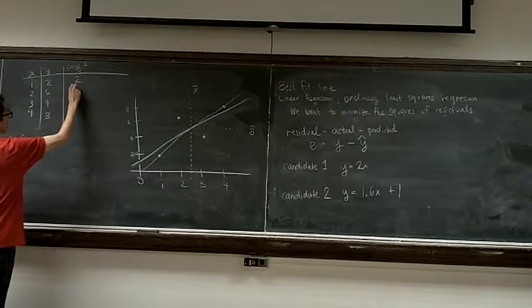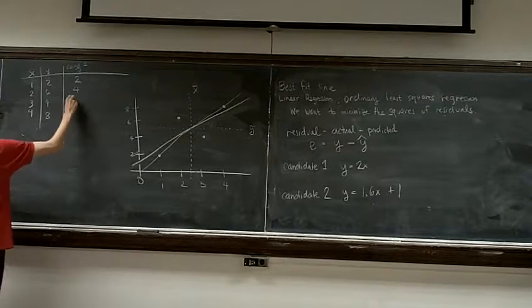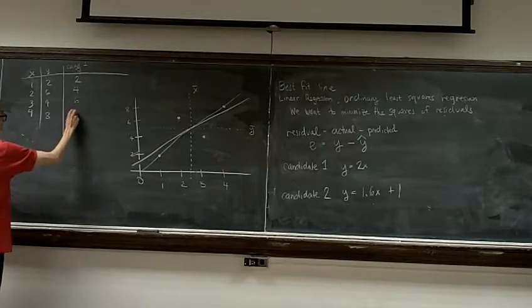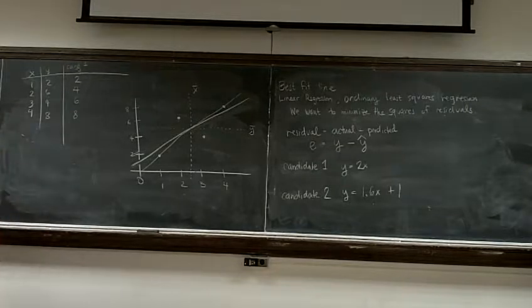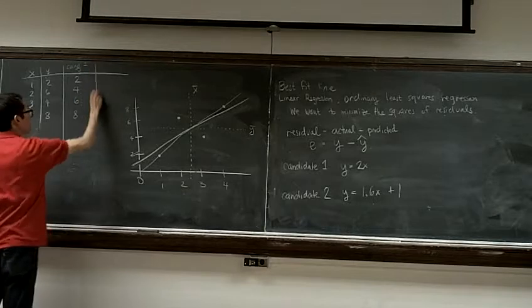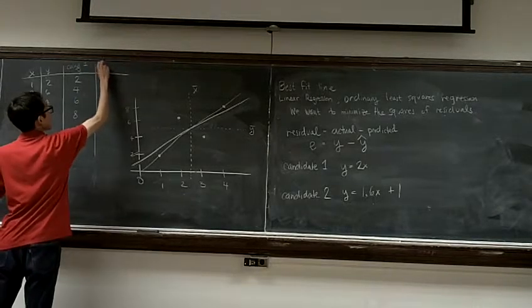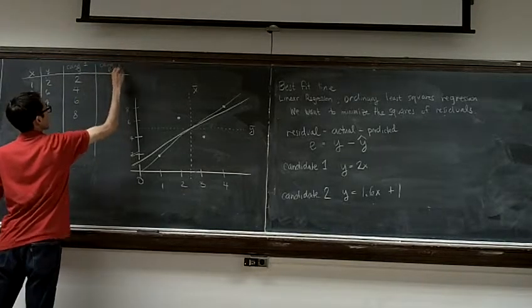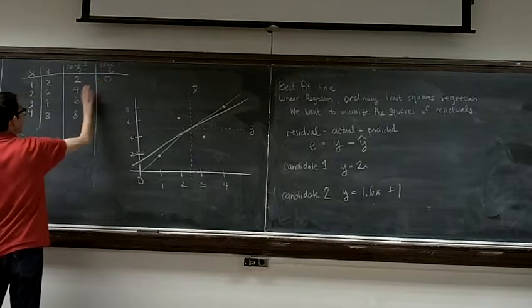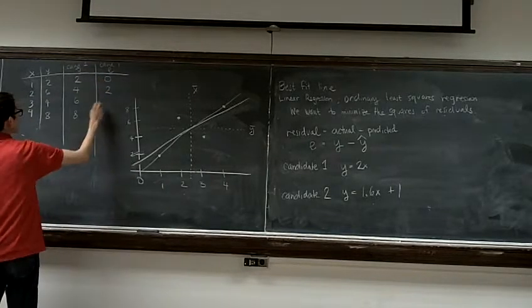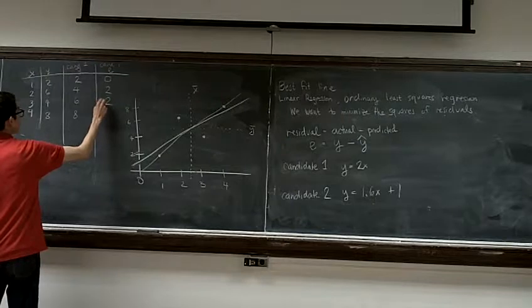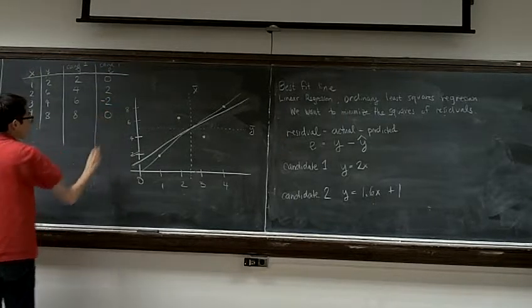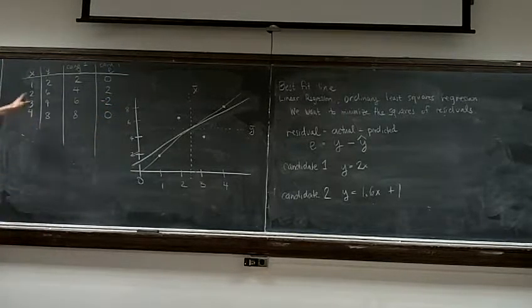For the number 2, I would predict the y to be 4. For this, I would predict it to be 6, and for here, I would predict it to be 8. Okay, so my residuals under candidate 1 is 0. Over here, it's 2. Over here, it's negative 2. And over here, it's 0. The actual minus the predicted.